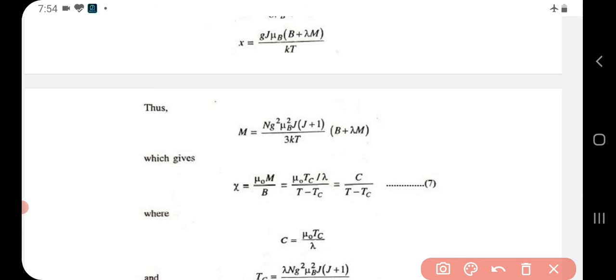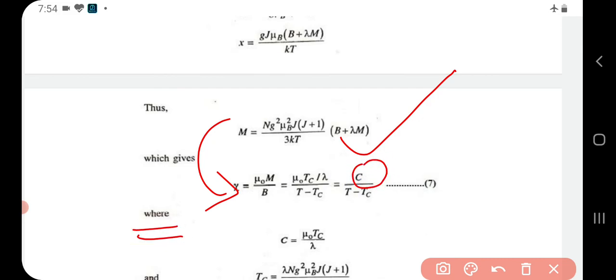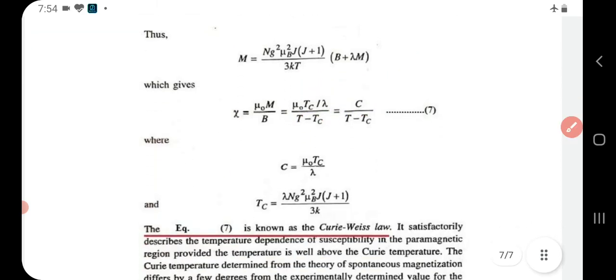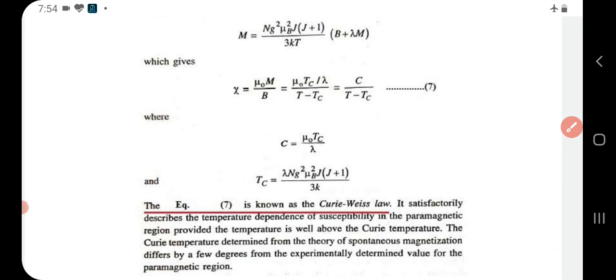No matter, instead of writing all those steps, you just write what is written as such. After writing this you can directly go to this expression. Here C is equal to mu 0 Tc by lambda, that is here they have replaced it with the letter C, and the critical temperature Tc is N lambda N g squared mu B squared J(J plus 1) by 3k.